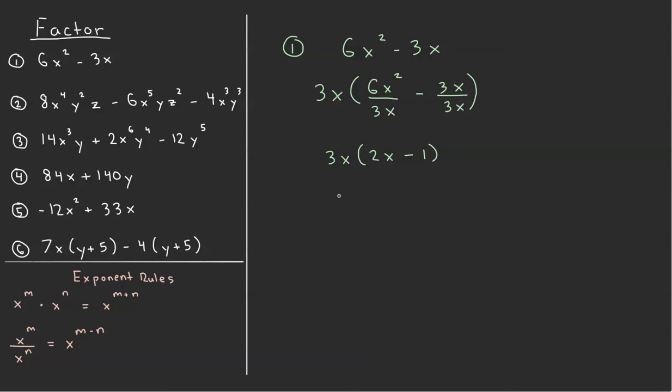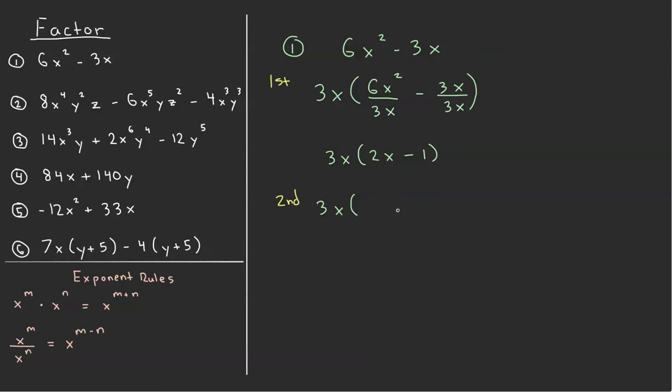All right, this was the first way. Let's talk about a second way, just to think about it here. Okay, so once you find the greatest common factor, which is 3x, open up the set of parentheses, and you may want to ask yourself, okay, what do you have to multiply 3x by to get 6x squared.